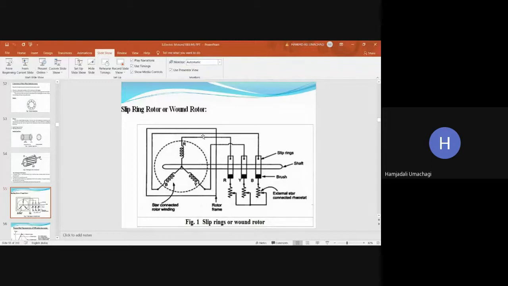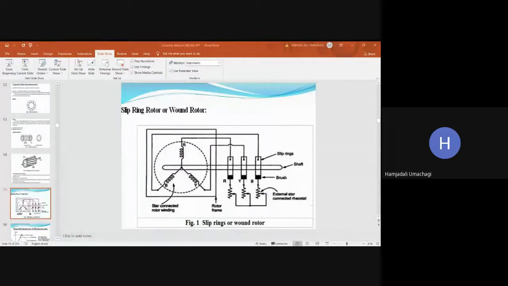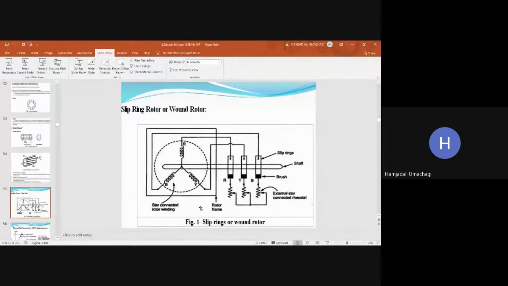Do you know what is the function of slip ring? Can anybody say why it is used? Because to reduce the friction. Not to reduce the friction, it is just to give the connection between the rotating member and the static external load.